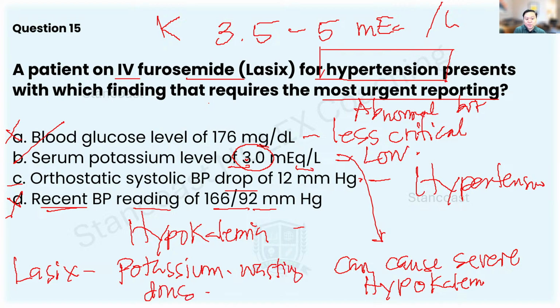You got to be careful about Lasix. Make sure that you tell the medical provider first, hey, I think we have an issue here. You gave me an order to administer Lasix. However, our patient has a potassium level of 3. Do you want me to address the potassium level first before administering the Lasix?